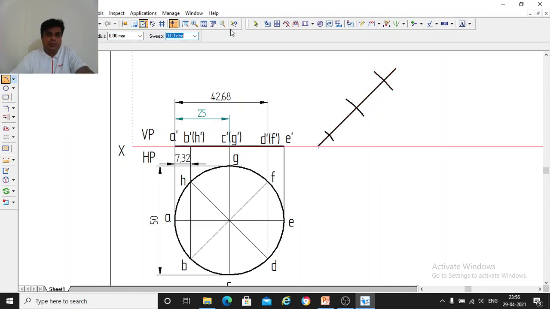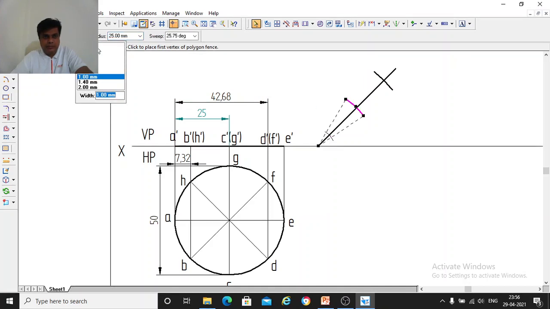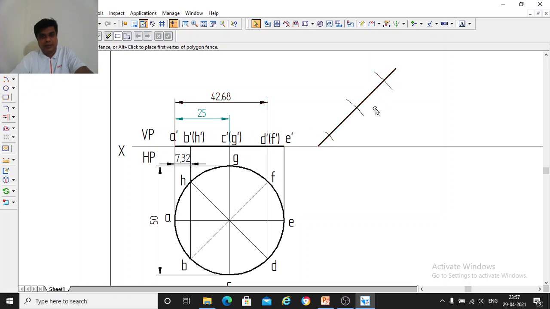So you have drawn all these arcs, now give the names. So this point is A dash, this point is B dash H dash, this is C dash G dash, this is D dash F dash, and this point is E dash in the front view.